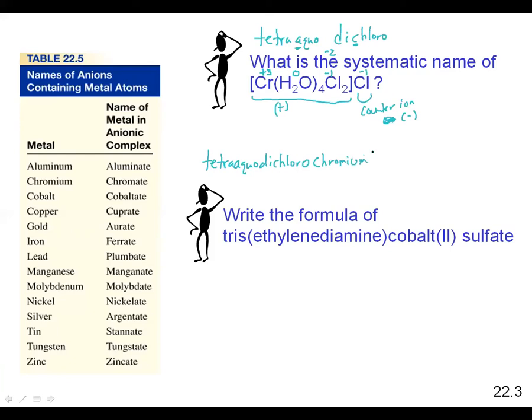We will use Roman numeral 3 to indicate the charge on the chromium. And now what's left is our counter ion, which we just named like normal, and that will become chloride. So that is tetraaqua dichloro chromium(III) chloride.